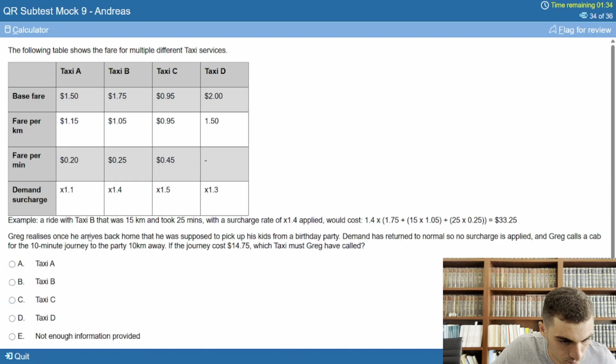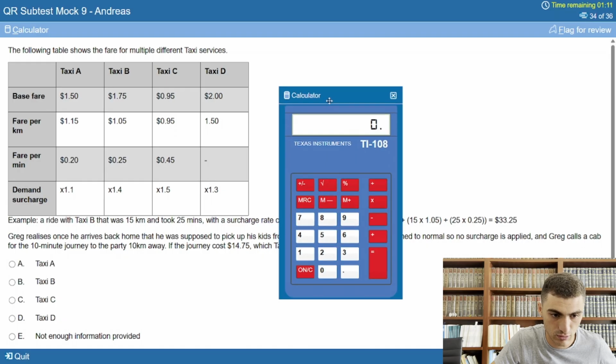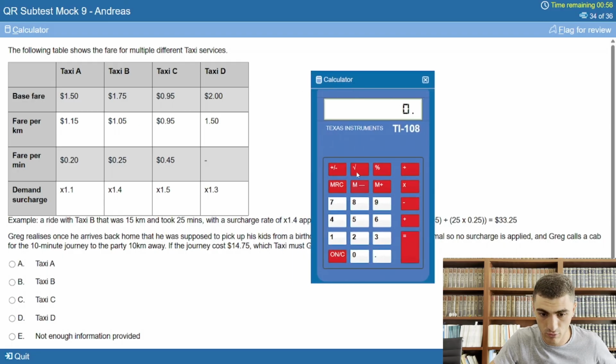Okay, so I'm going to try trial and error. So we add these two is 135 times 10, so it's 13.5 plus 1.5, so that's 15, so it's wrong. 0.25 plus 1.05 is 1.30. 1.3 times 10 is 13 plus 1.75 is 14.75, which is what I'm looking for. Taxi B is a good answer.